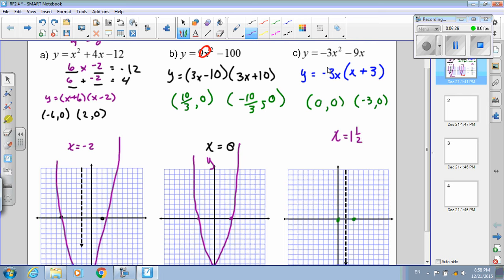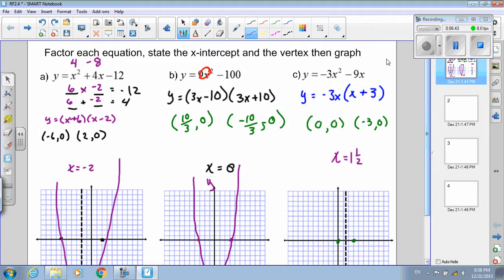Now I have to substitute that in there to find my vertex. You could use a calculator: 1.5 times 1.5, or 15 times 15, which is 225. And then 225 times negative 3 would give me negative 675.